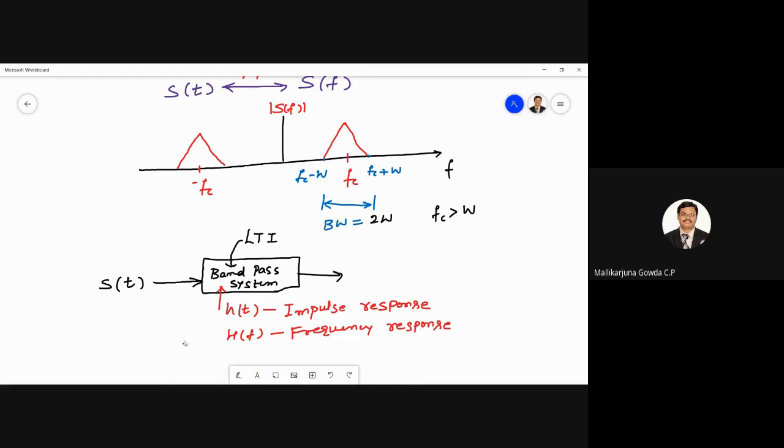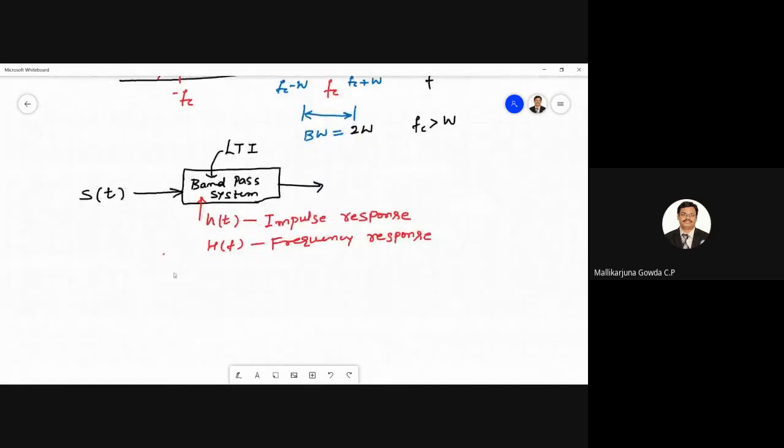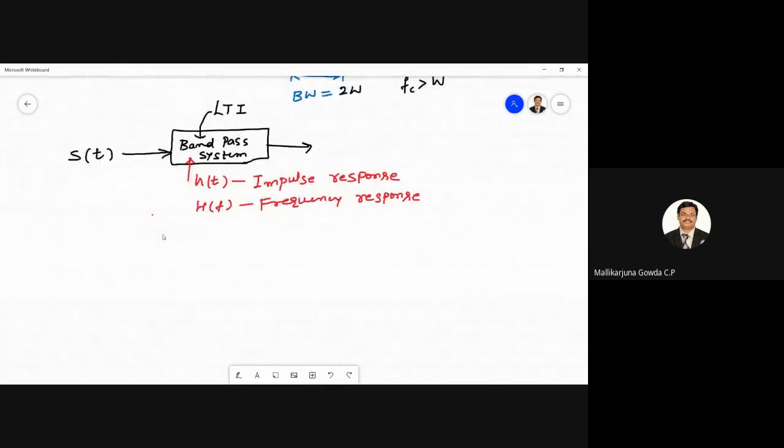I need to represent this bandpass system as its equivalent complex low pass representation.